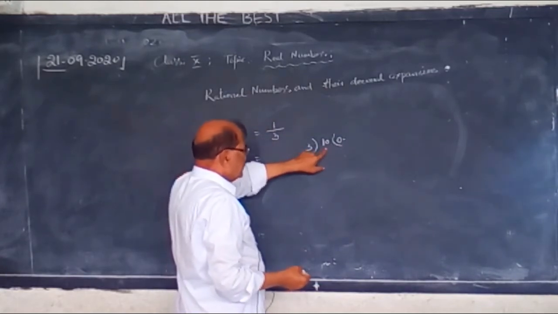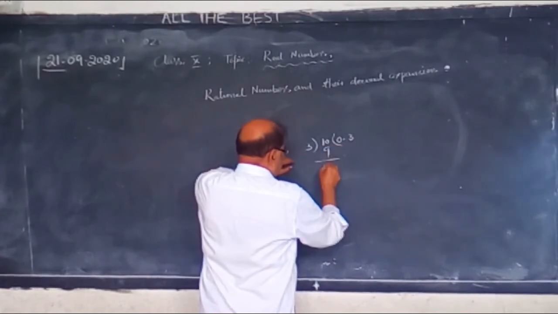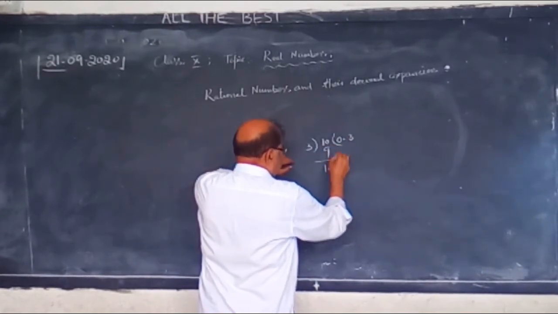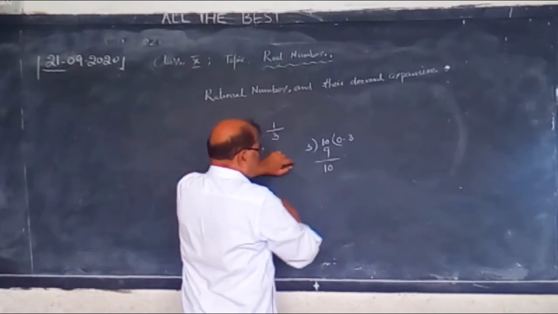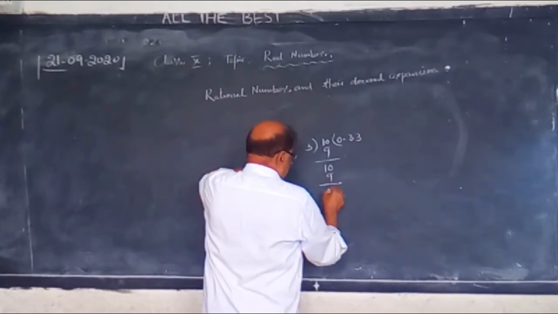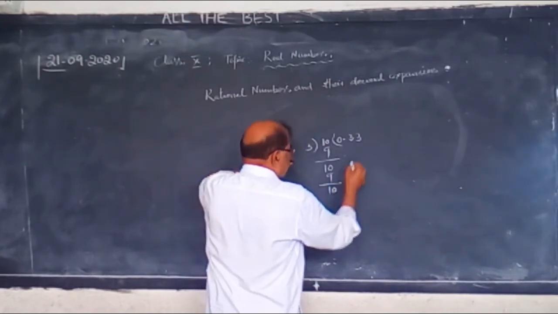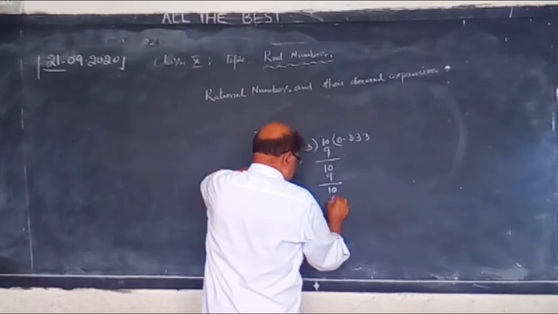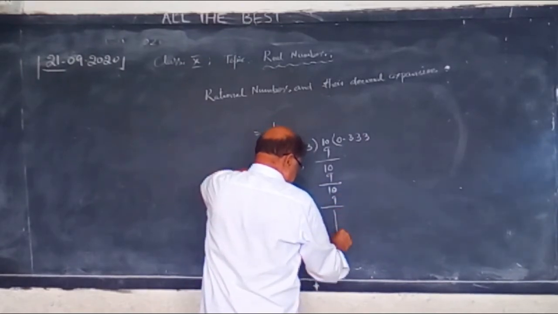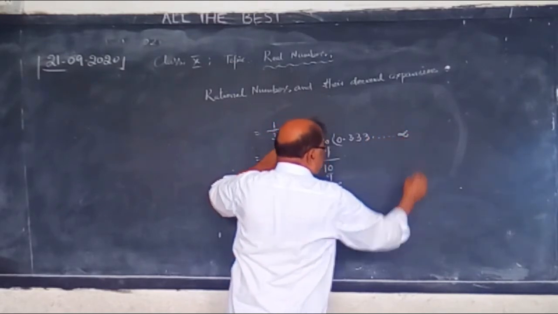The new dividend is 10. 3 3s are 9, so the remainder is 1. Since here they are taking decimal, put 0. Again it goes 3, the remainder is 1. Again the new dividend is 10. 3 3s are 9. So it goes on and on up to infinity.